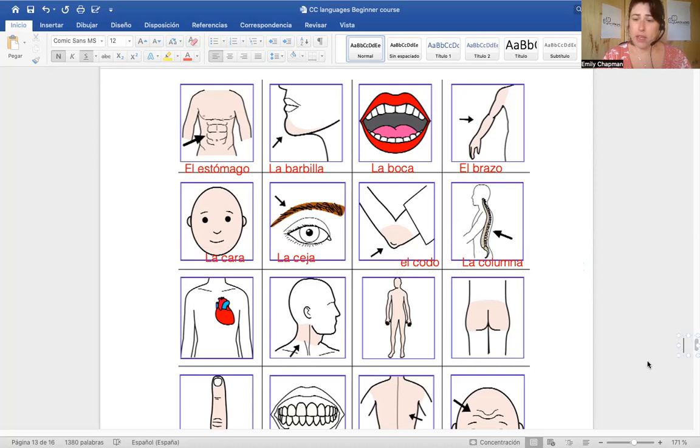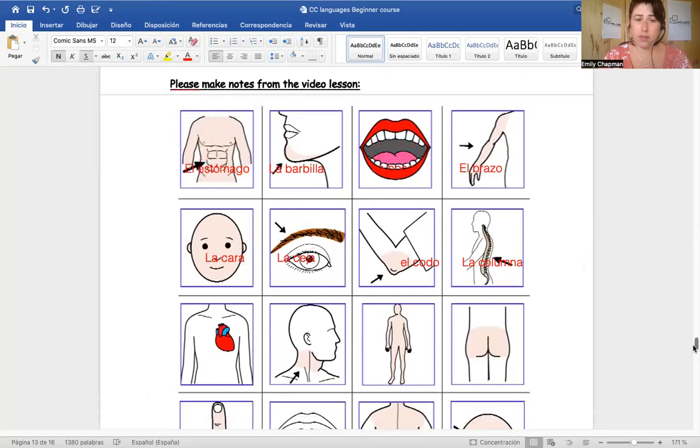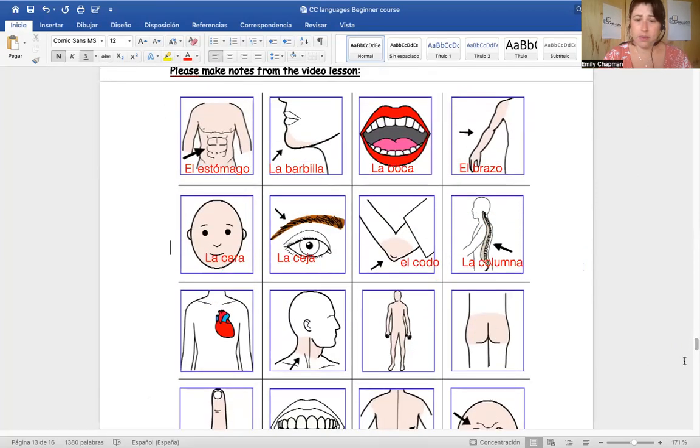Heart in Spanish, we would say el corazón. El corazón, and neck, el cuello, which we've had above also.